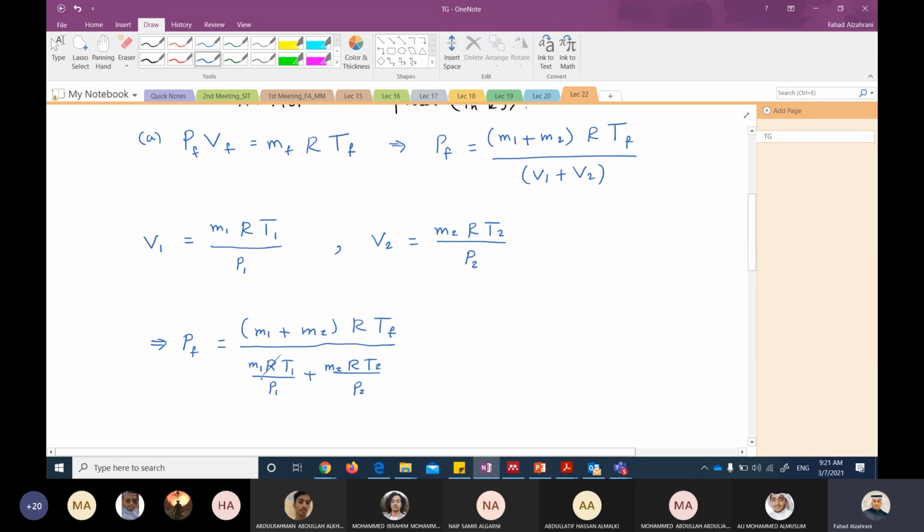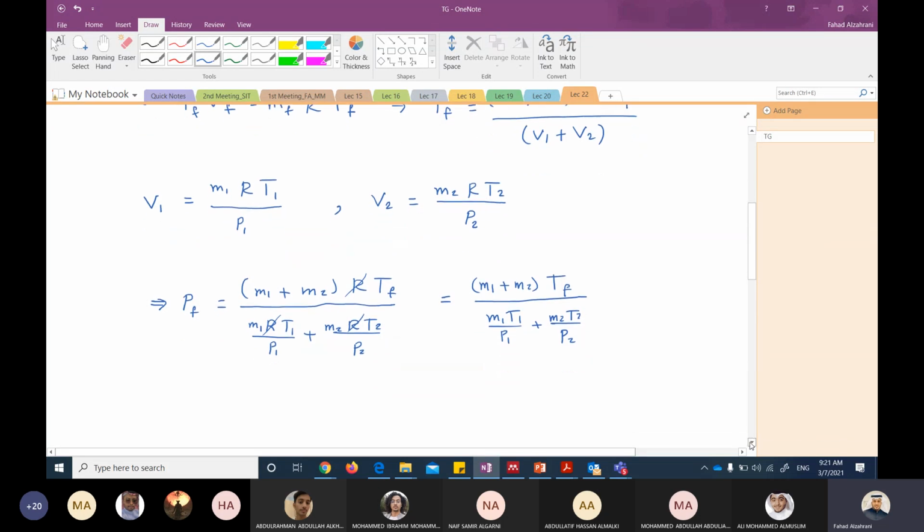I can take a common factor and cancel R with R there. Then the final pressure becomes M1 plus M2 times T final divided by M1 T1 over P1 plus M2 T2 over P2. That's it. This is how you calculate the final pressure.